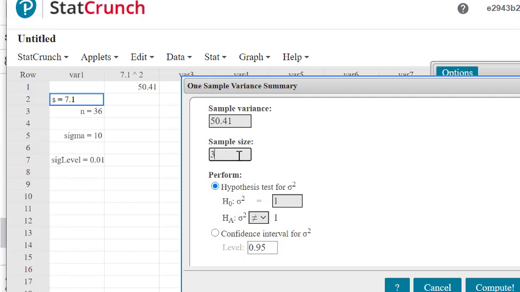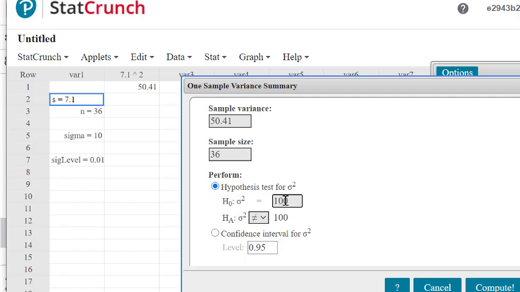Where our sample size is 36, and we want to perform the hypothesis test. Now the hypothesis results for standard deviation will be the same as the hypothesis results for the variance. So we're testing for the standard deviation, but we're going to use the variance numbers. Our sigma is 10, and so we want sigma squared, which is 10 squared.